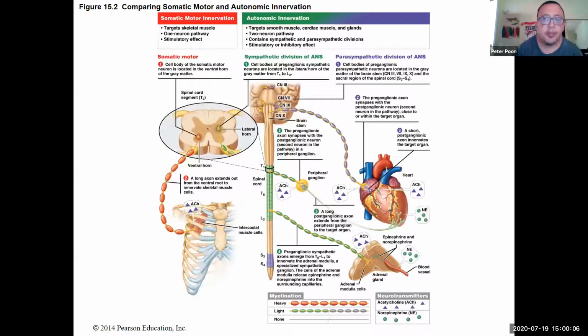This slide has a tremendous amount of important information, so make sure you know everything that's on this slide.